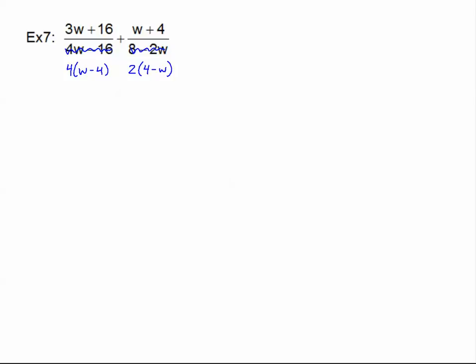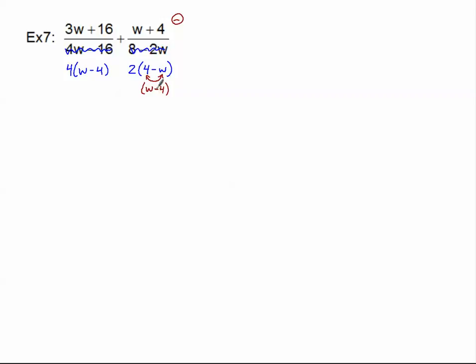Now let's look at these denominators because something happens here that was on a previous tutorial in the multiplying and dividing. Obviously there's a 4 here and there's a 2 here and it needs to become a 4. But the w minus 4 and the 4 minus w are not the same factors, but they're so close. Remember in a previous tutorial, we can flip around a minus sign and change this to w minus 4, as long as we understand that how to do that is factoring out a negative, meaning that there has to be a negative multiplied into this fraction for us to be able to do that.